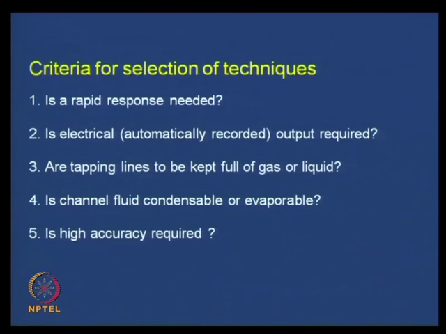What is the other thing? Is the channel fluid condensable or evaporable? In that case, what do we do? Suppose we are working with cryogenic fluids. In the tapping line, just after the tapping point, we can install an evaporator if it is gas filled or vapor filled lines, or a condenser if it is liquid filled lines.